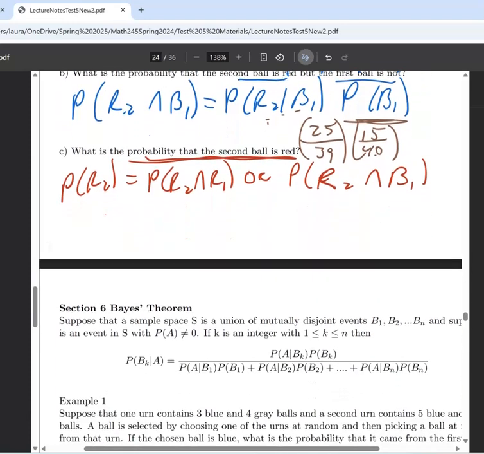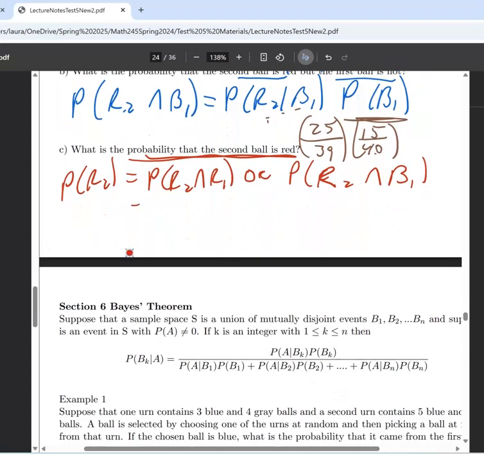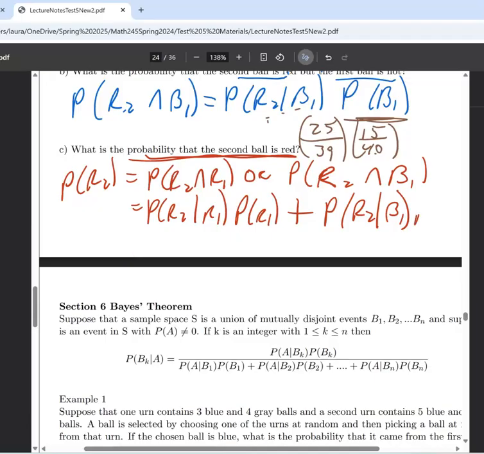Okay, so let's flesh that out. So that means I'm just going to write out the probability R2 given R1 times probability of R1, or probability of R2 given B1 times the probability of B1.